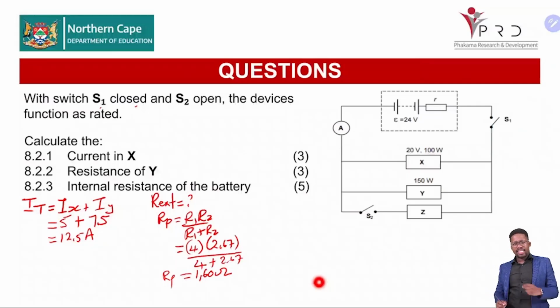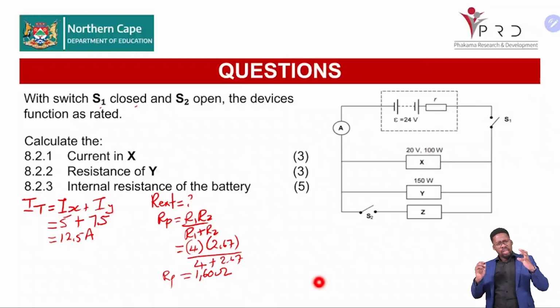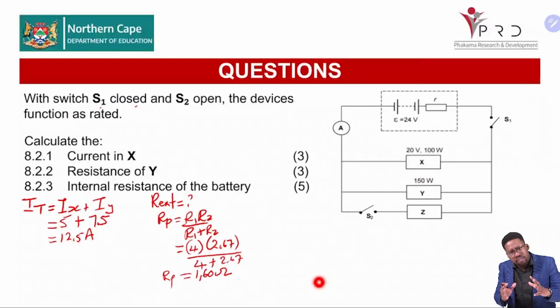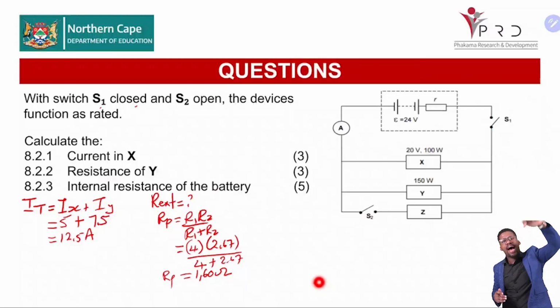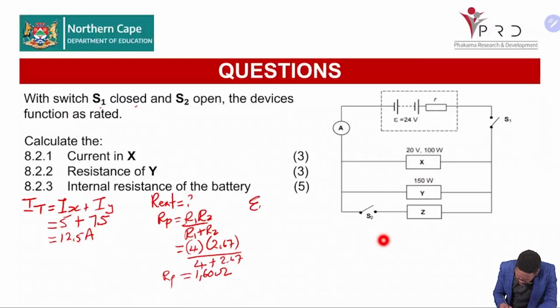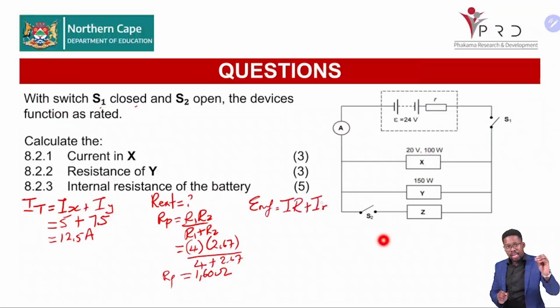Then you're like, okay, now I have I total, I have R external. Now I can start with the formula. Remember our destination. If you are given the EMF, my destination should be internal resistance. We will not rest until we find internal resistance. Then you will say EMF is equal to I times R external plus I times r.